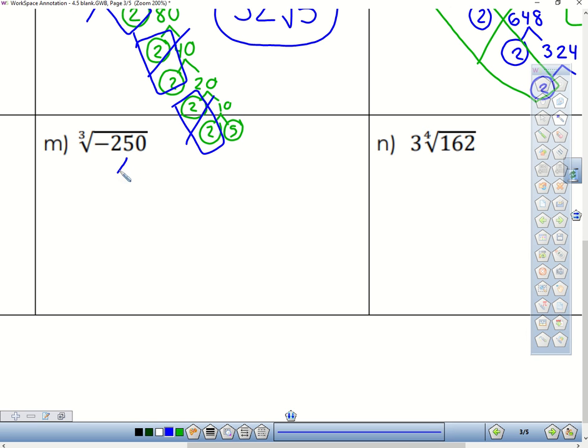So what can I break up negative 250 into? Negative 5 and something else, okay. 50, yeah.